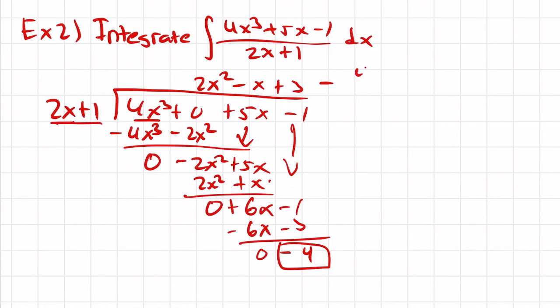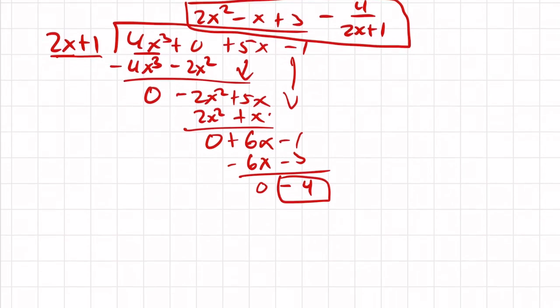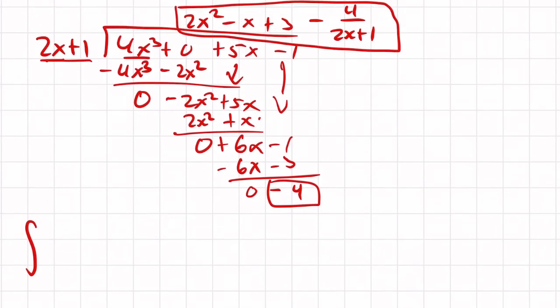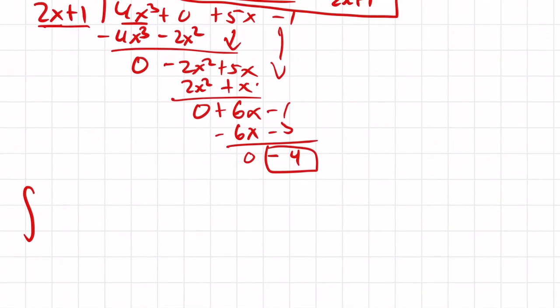So we have negative 4 over 2x plus 1, and this is going to be our new integrand. So we can then write the integral of 2x squared minus x plus 3 minus 4 over 2x plus 1, integrating with respect to x.